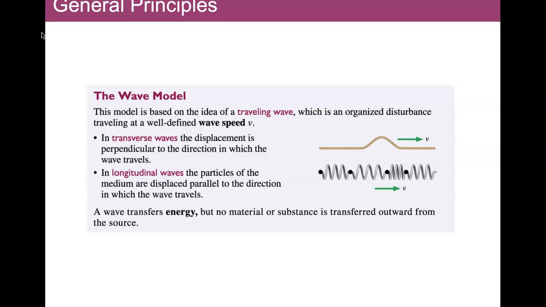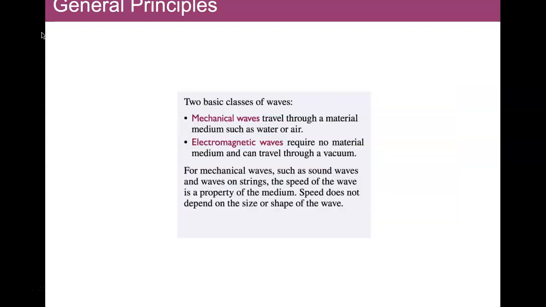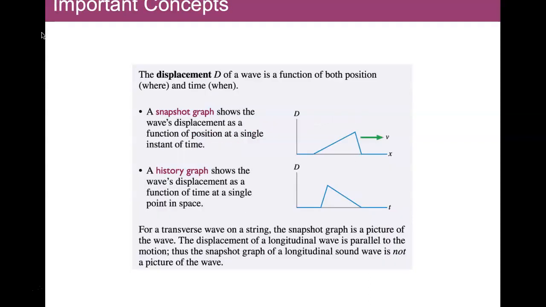We talked about 2 types of waves, transverse and longitudinal. We talked about mechanical waves, and electromagnetic waves a little bit. We just mentioned that the quantities that fluctuate are the electric field and the magnetic field, of course. We talked about these dual pictures of describing traveling waves, the snapshot graph and the history graph.